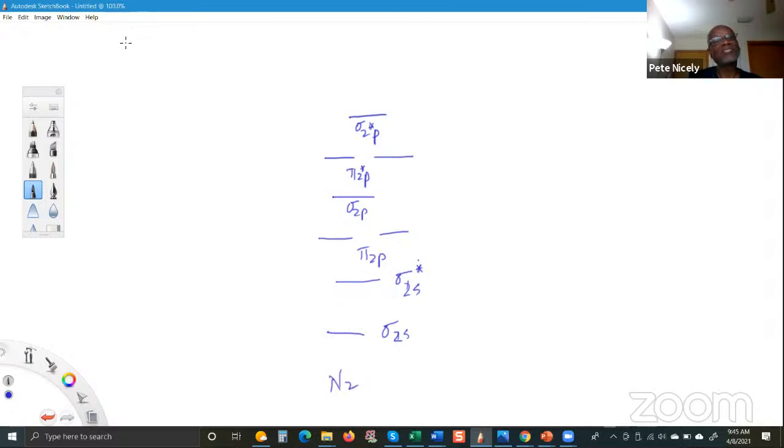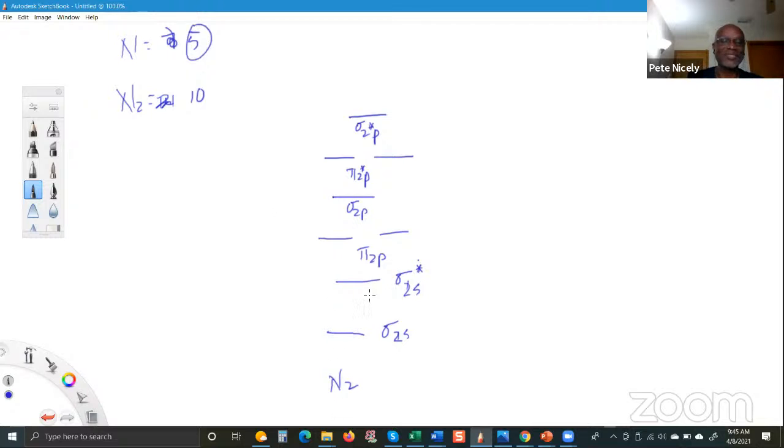Now the atomic number of nitrogen is 7, and there are 2 of them. So therefore for N2, the total number of electrons would be 14. And the first 2 would go into the 1s orbital, which would not be, actually what I should be looking for is the valence electrons, because all these orbitals here are in the valence shells. So the total number of electrons here would be 10 because nitrogen is in group 5.